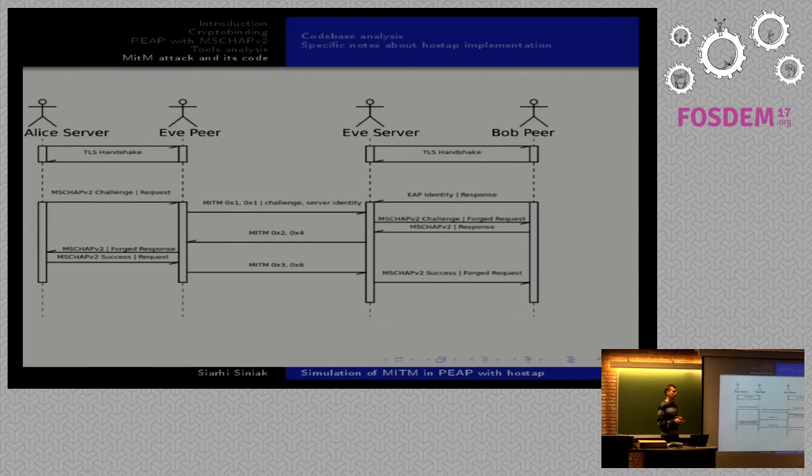We generate special integrity value with the help of hash function that takes as arguments both secret materials, the master key from TLS tunnel and a special secret key generated on the basis of MS-CHAP-v2 credentials. And then we exchange these values, and both parties can be sure that the other end was in possession of both materials.